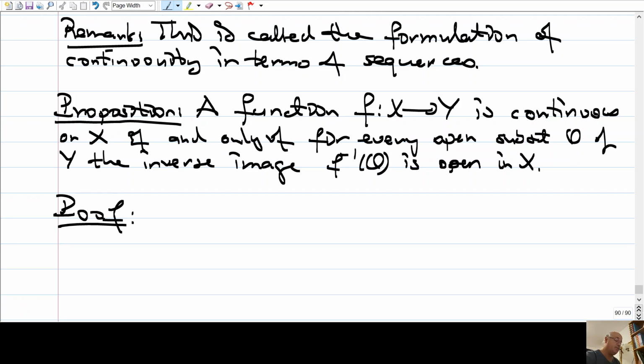If this is the case for all open subsets of Y, then f becomes continuous.